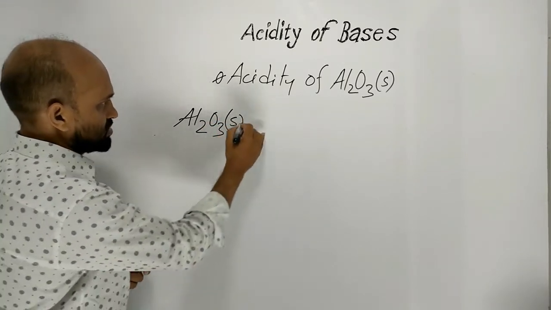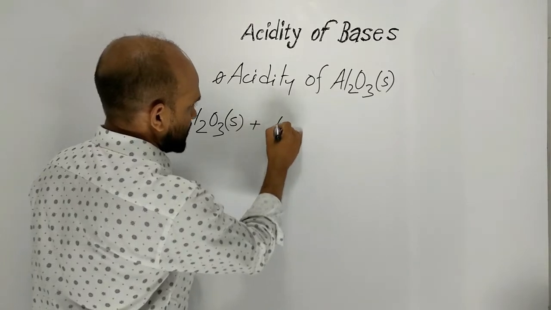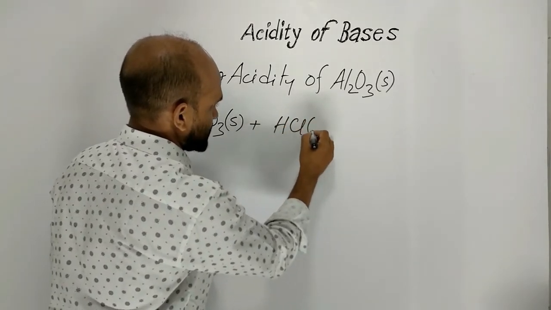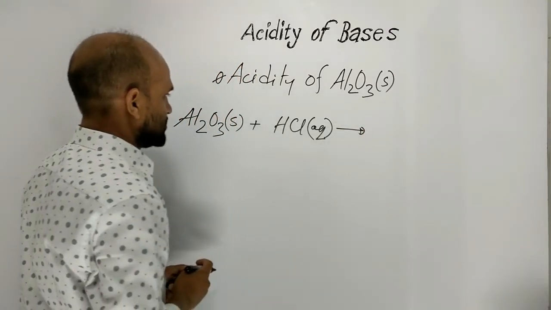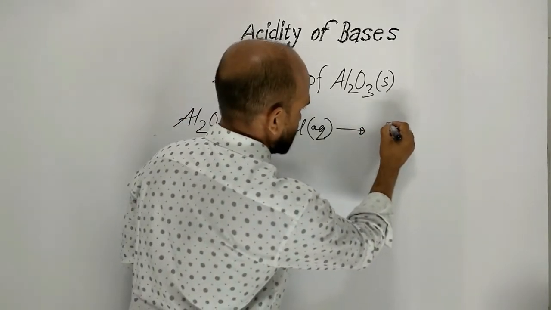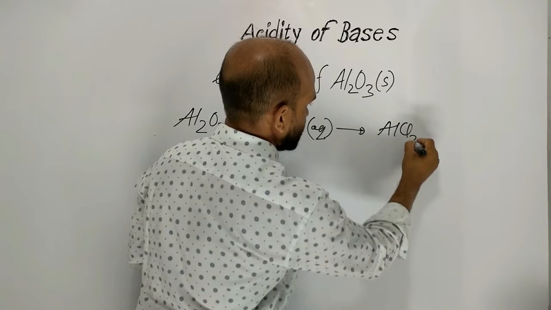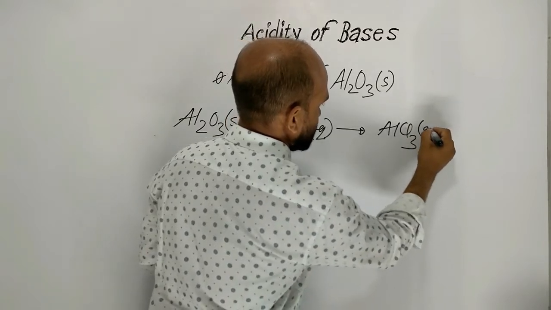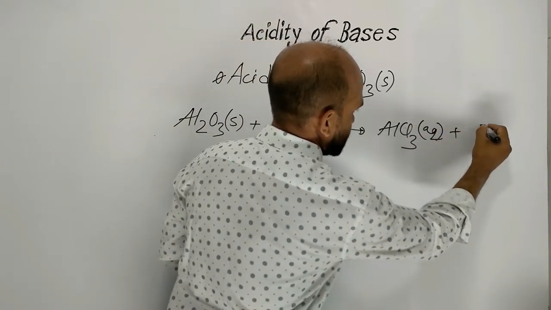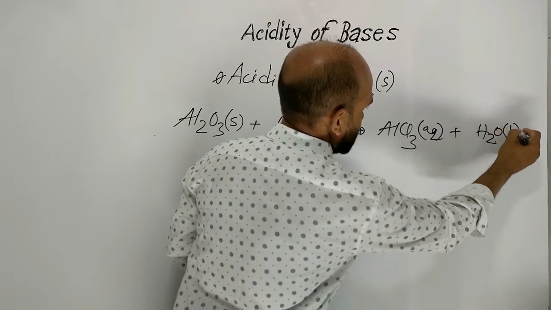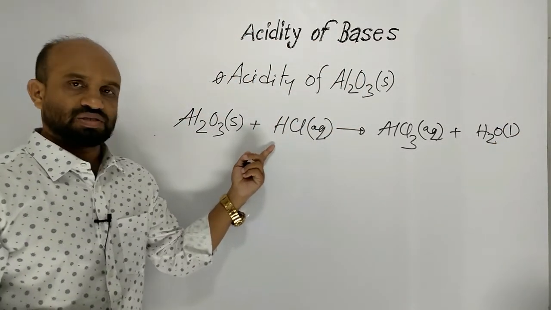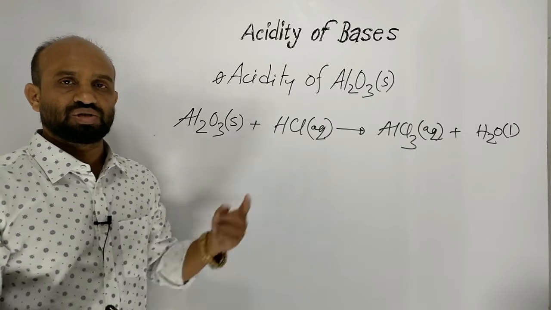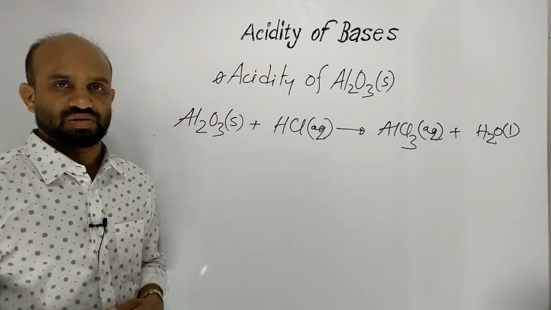Aluminum oxide reacts with hydrochloric acid, and as a result aluminum chloride and water are formed. First of all, this reaction is balanced to get acidity of this base.